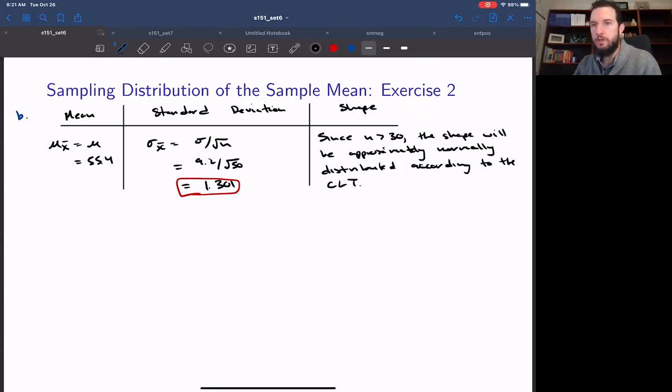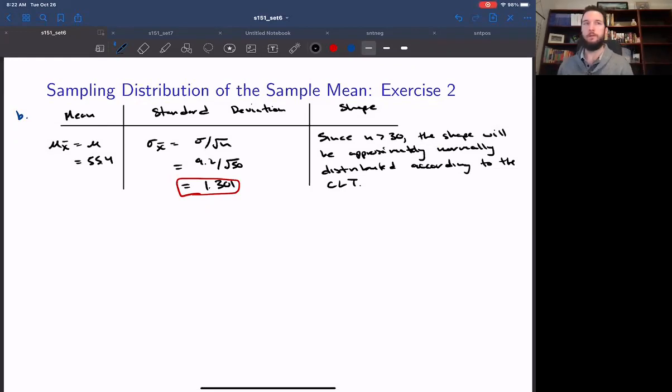So in this situation, because we have exceeded the rule of thumb of the central limit theorem, which again says that if your sample size is greater than or equal to 30, the sampling distribution of the sample mean will be approximately normal. In this case, because n is greater than 30, we can say that the sampling distribution will be approximately normal. And we're able to do this even though we don't actually know the original shape of the population.